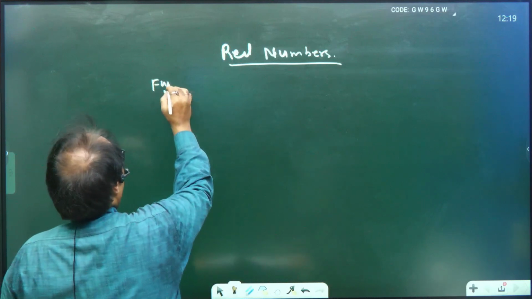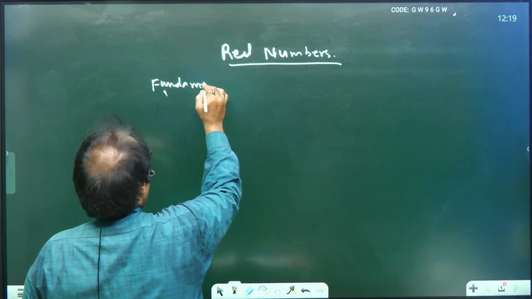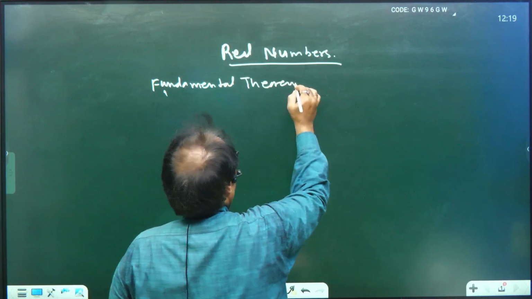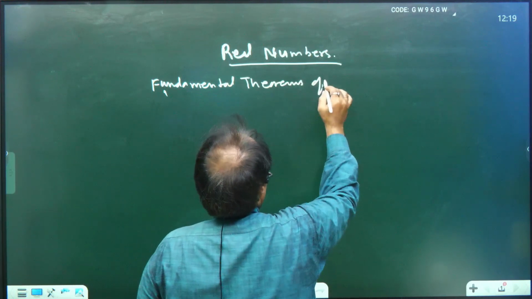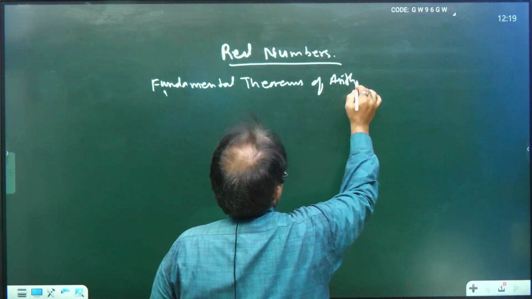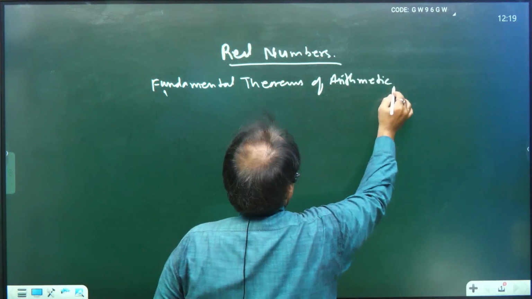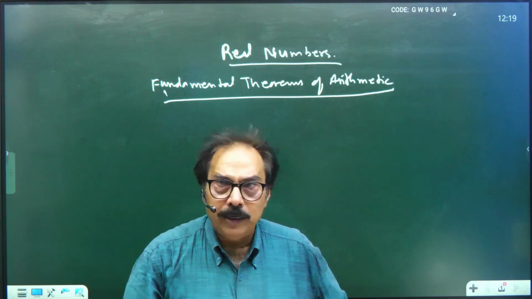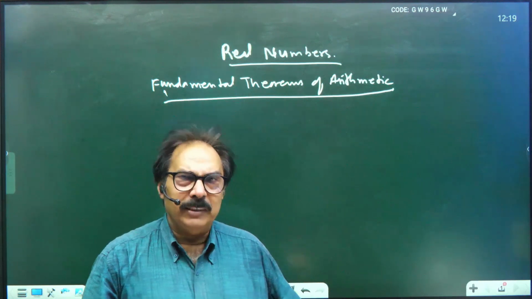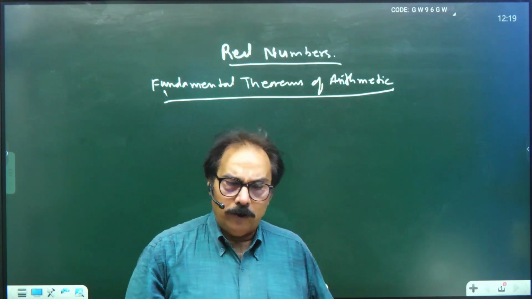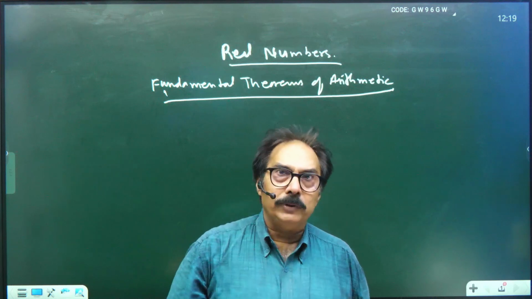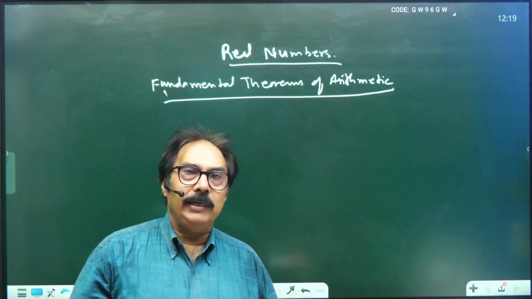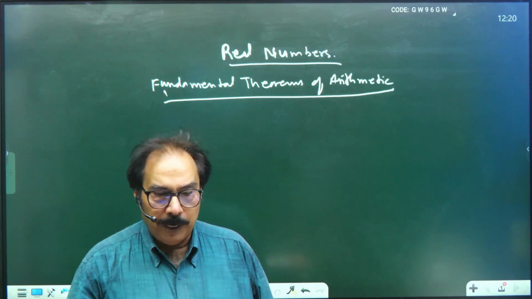As per this theorem, every composite number, meaning a number having 3 or more factors, can be expressed or factorized as a product of primes.